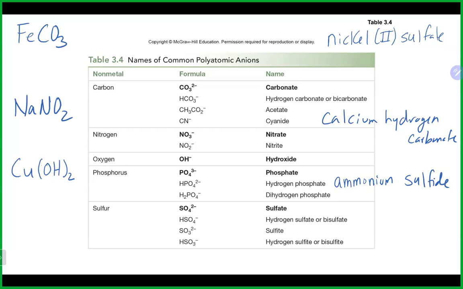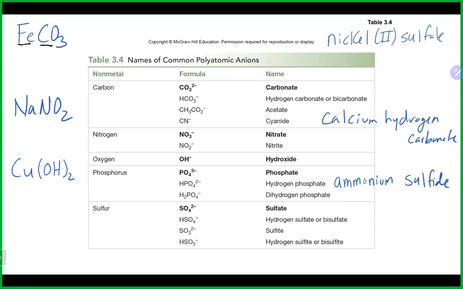Okay, so let's take a look and see how you're doing. Once again, whenever you're naming anything, probably the first thing you really want to do is identify what you're dealing with. Because if you know, hey, I got a metal and a non-metal, or I got two non-metals, that should hopefully direct you in the right place in terms of naming it. So clearly here I have a metal and a polyatomic ion.